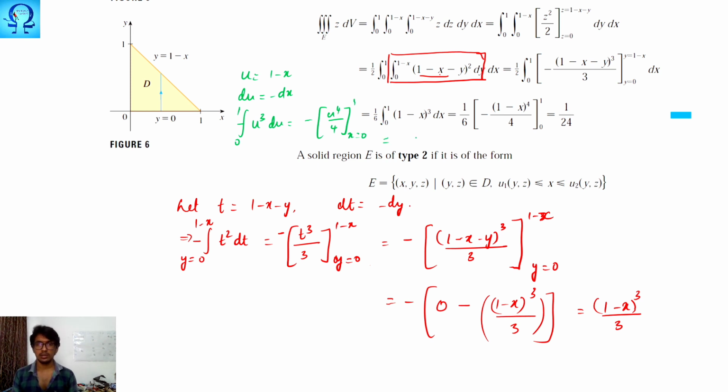So when you substitute u, you are going to have (1 minus x) to the power 4 upon 4 over the limit 0 to 1. It is minus. So when you substitute 1, you are going to get 0. Then minus times of, when you substitute 0, you are going to have 1 upon 4. So minus times of minus 1 upon 4 is 1 upon 4. You have 1 upon 6 already, which is to be multiplied with this 1 upon 4. And finally you get 1 upon 24.